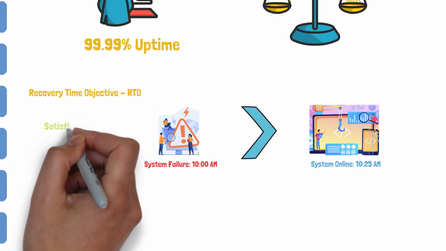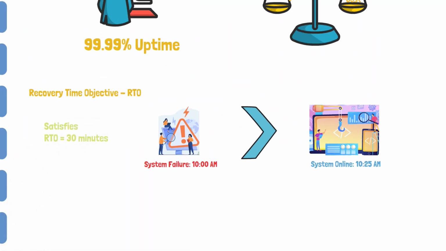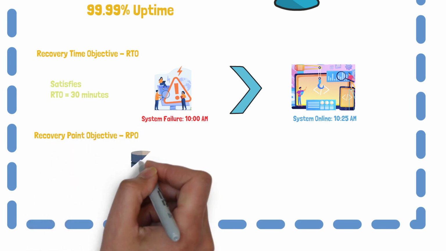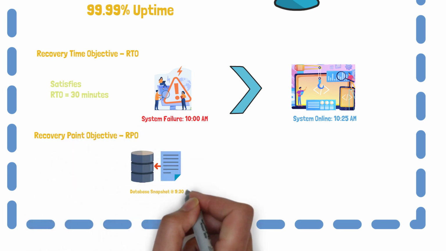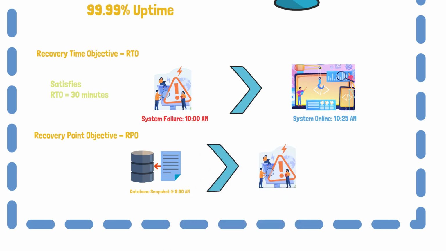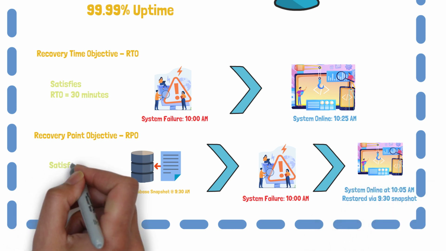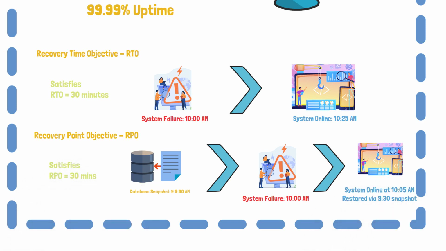In other words, it is an acceptable downtime. And recovery point objective, RPO, which is the maximum acceptable time duration since the last data recovery point. This determines what is considered an acceptable loss of data between failure and recovery.